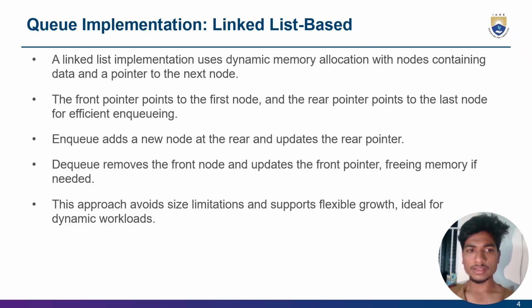Enqueue adds a new node at the rear and updates the rear pointer. Dequeue removes the front node and updates the front pointer, freeing memory if needed. This approach avoids size limitations and supports flexible growth, ideal for dynamic workloads.